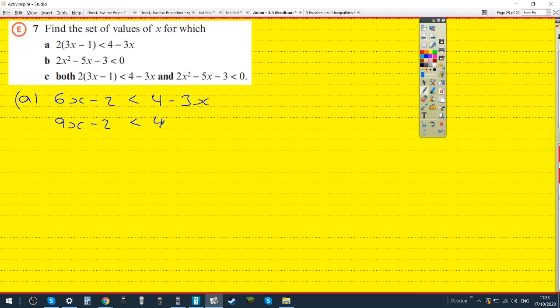So it'd be 9x is less than 6. Then you divide by 9 on both sides. So x is lesser than 6 divided by 9, which gives you 0.6 recurring, so it would be 2 over 3. Let's just go with 2/3.